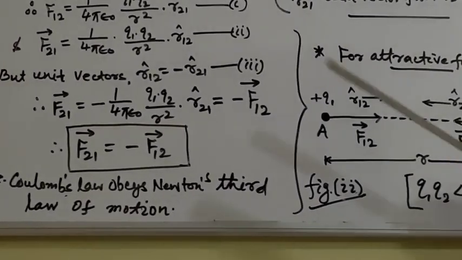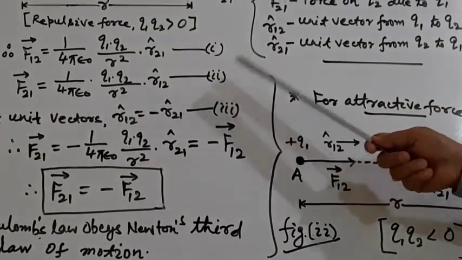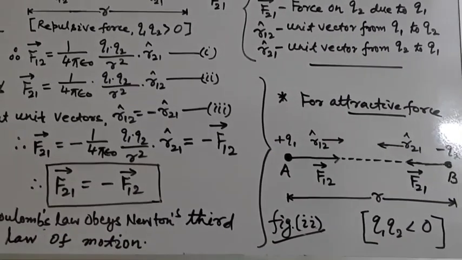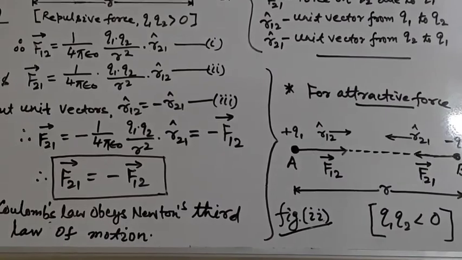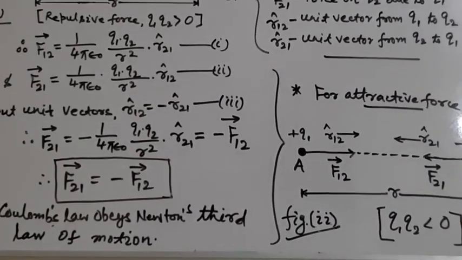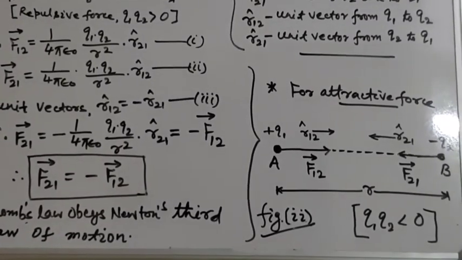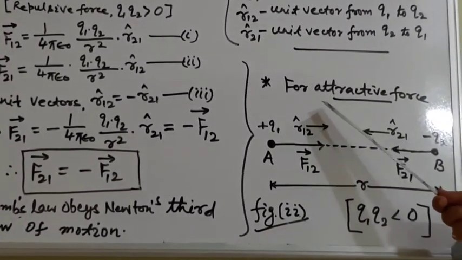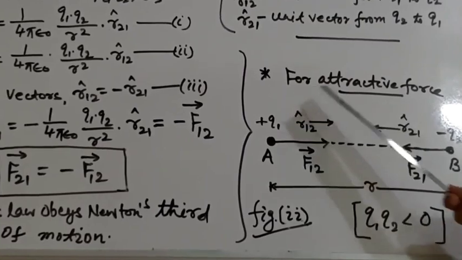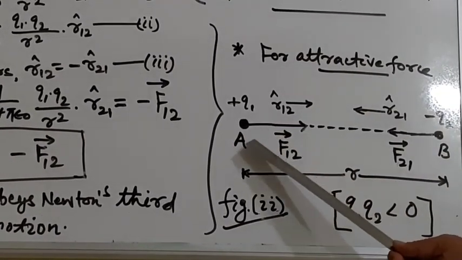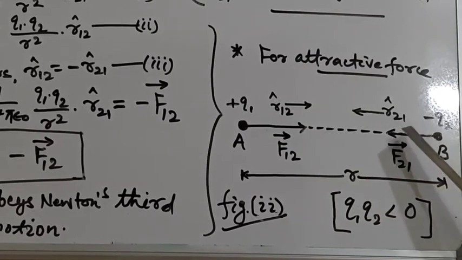Students, both equations 1 and 2 are valid for repulsive as well as attractive force. So there is no need to write separate equations for attractive force and repulsive force. Here we have the figure for the attractive force. See, the charges plus Q1 and plus Q2 at points A and B in vacuum.